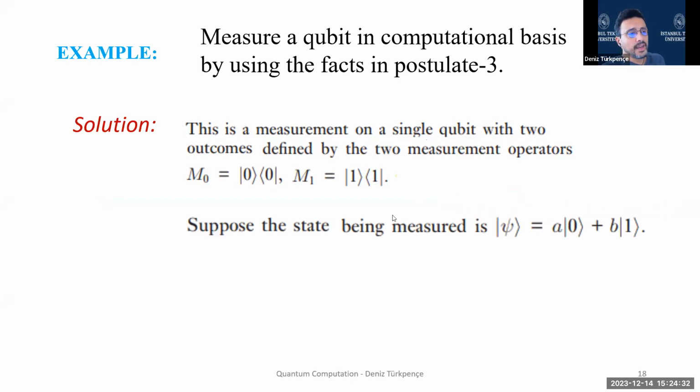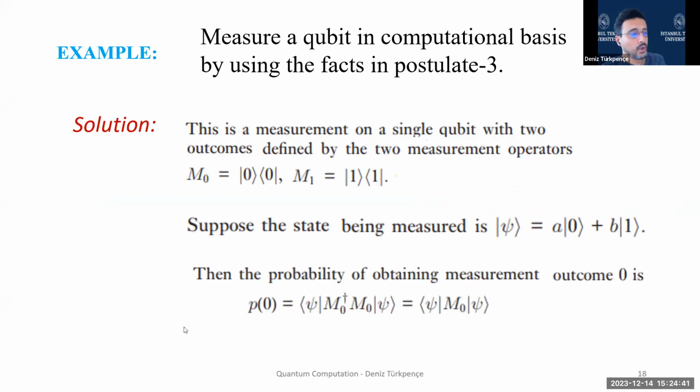Now, suppose that the state being measured is this. So this is a usual qubit state, okay? And of course, let us try to find the probability to find the qubit in state 0.